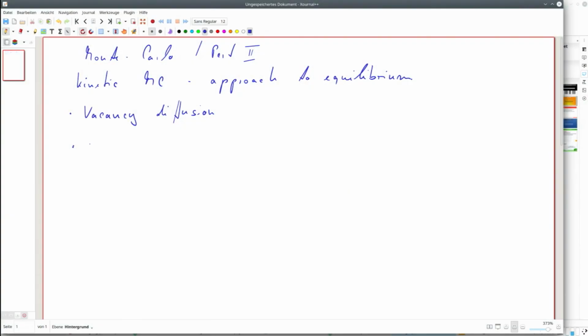And the way out of it is a so-called residence time algorithm, about which Guru will speak afterwards. So very simply said, instead of making all these unsuccessful attempts, you calculate how much time the system would spend in this state which it cannot leave for a long time.